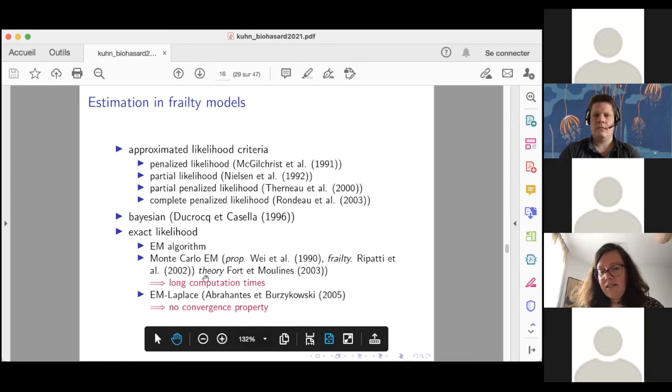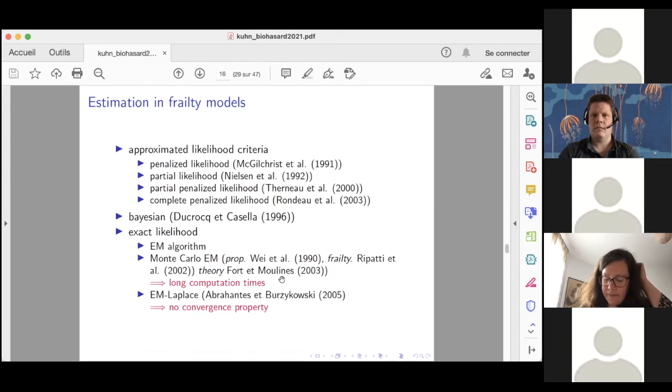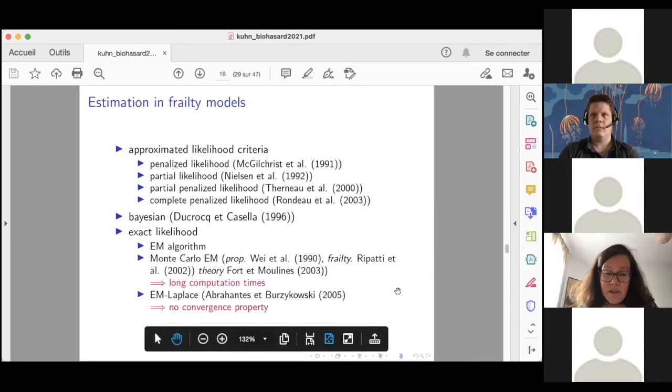And we have a theoretical analysis of the algorithm for general models by Fort and Moulines in 2003. So here you have the whole package. Everything is good, but you have a long computation time. And since we have a big frailty vector, 2000 in the real data set, it will be too long here.